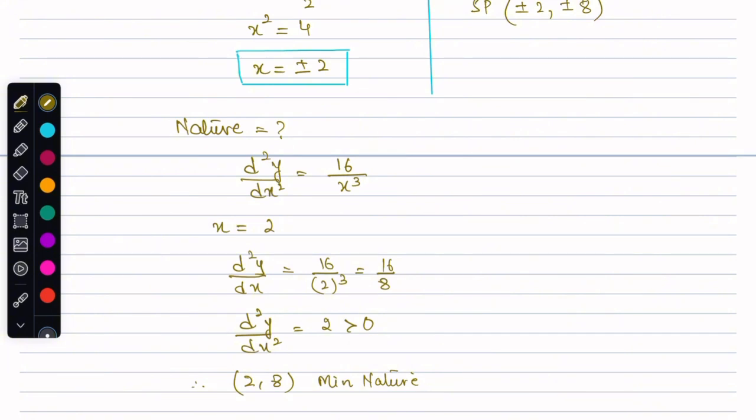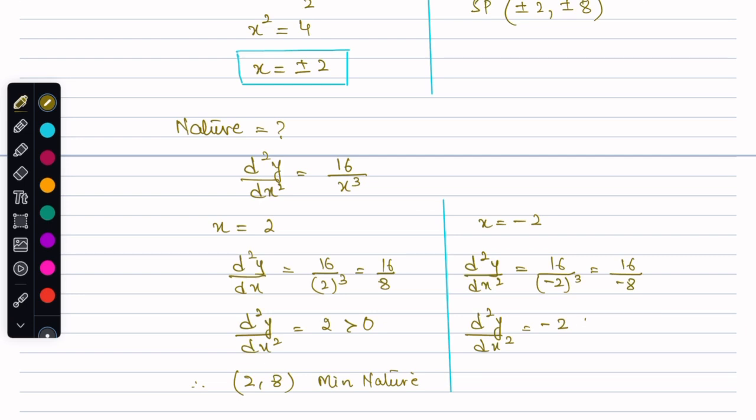In the same manner, I will be substituting x as -2 in the second derivative equation. So that would give me d2y over dx square, which shall be equal to 16 divided by (-2) the whole cube. And here I should be having 16 divided by -8, or I can say that the second derivative here comes out to be -2, which is less than 0.